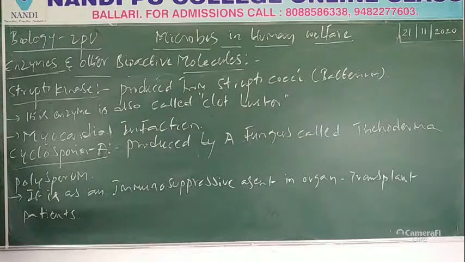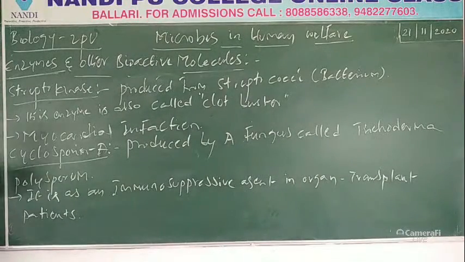So sometimes some types of allergies form. Generally patients who undergo organ transplantation will suffer with allergies. Why? Because that particular organ is not their origin, it is not originated from themselves. So that's why there will be some allergies.